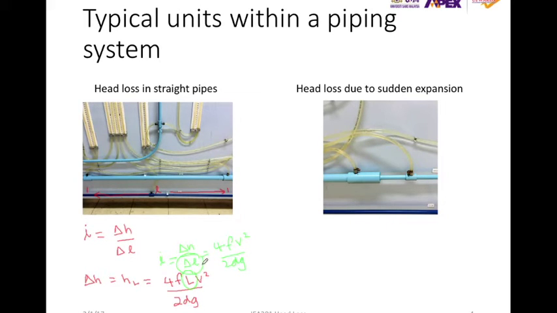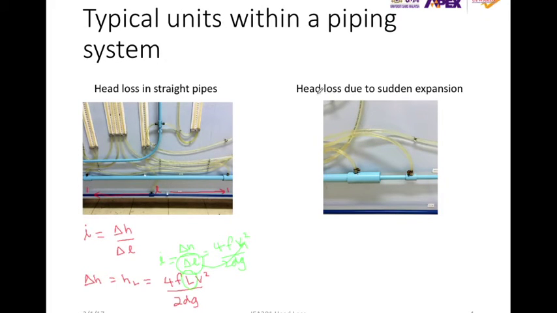So when we bring this L over here, it becomes the length on this side of the equation, which is the same as L here. So if you don't have these tubes to measure the head loss, you can still estimate the head loss using this equation. All you need to know is the friction factor of the pipe, the velocity in the pipe, the diameter of the pipe, and the gravitational acceleration constant.